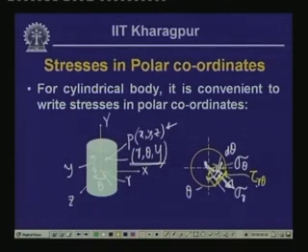We call that tau r theta, and the other tangential stress on the theta plane will be tau theta r. Eventually, tau theta r is equal to tau r theta, as we have seen in the previous lesson. So, we define the state of stress on this particular body at a point as sigma r, the radial stress, sigma theta, the tangential stress, and tau r theta, the shearing stress.